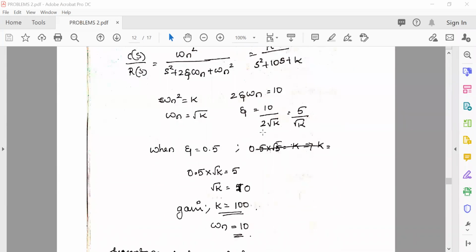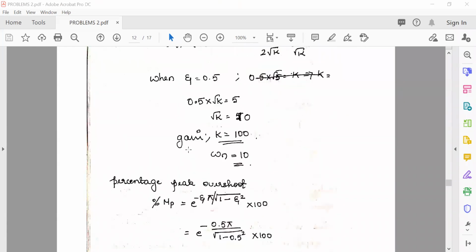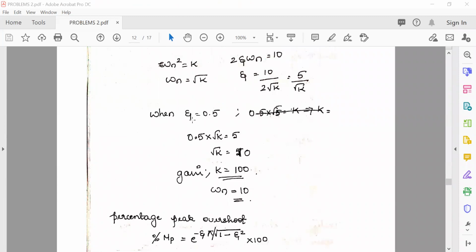Zeta is 10 by 2 root k. But what is the question they have asked? The damping ratio should be equal to 0.5. So now substitute zeta equal to 0.5 here. This expression should be equal to 0.5.